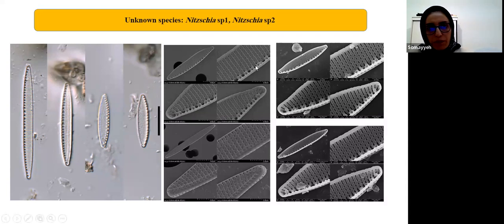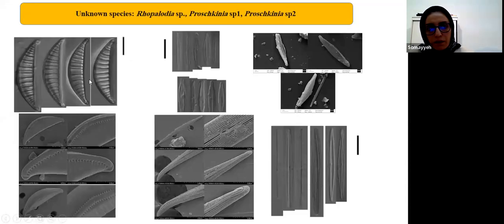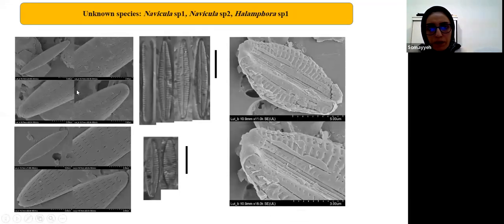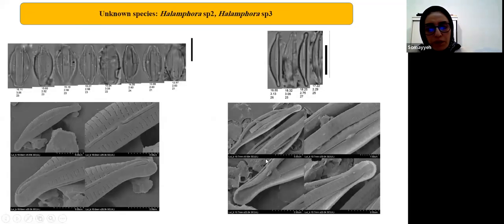Two species of Nitzschia, 1 species of Rhopalodia, different species of Proschkinia, 2 species of Navicula, and different species of Palamphora.